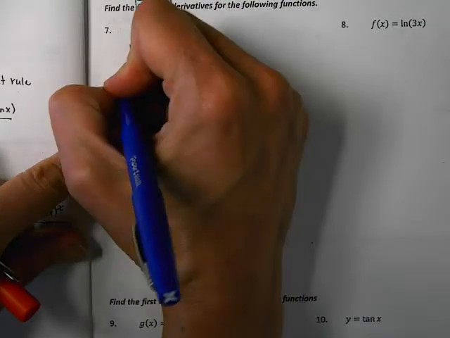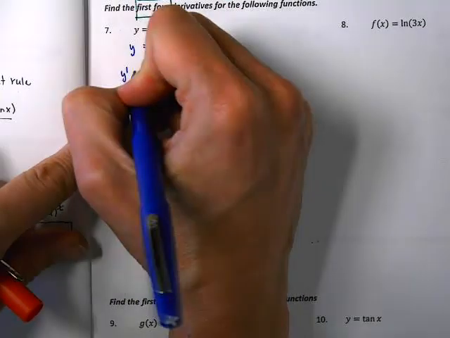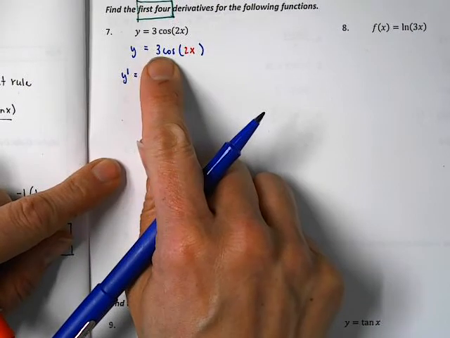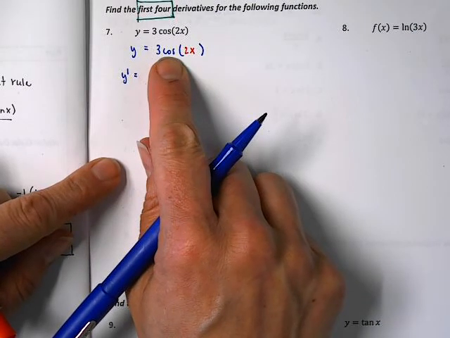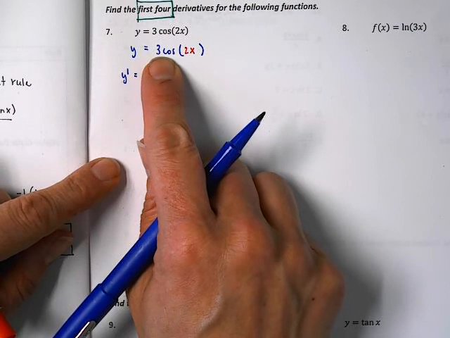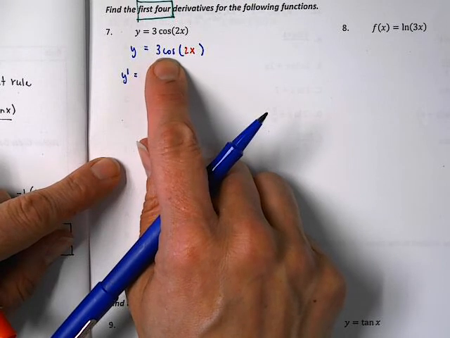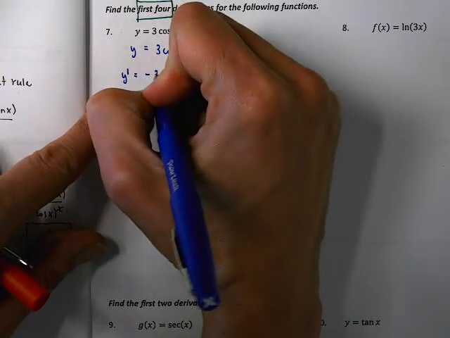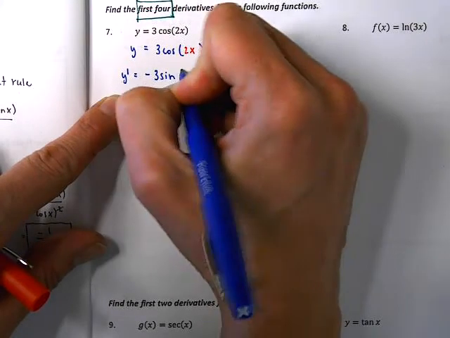So let's take a look. My first derivative is going to be y prime. And I know I need to differentiate this first. So if I have a constant times a function, that derivative is just going to be my constant times the derivative of cosine. The derivative of cosine is negative sine. So this is going to give me negative 3 sine.